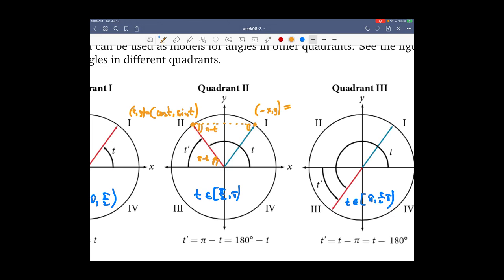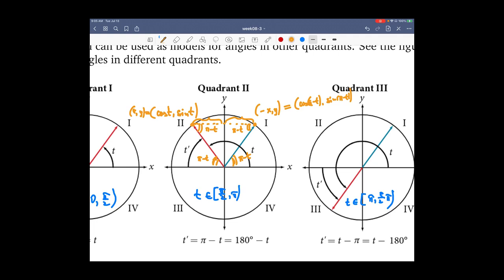Implies that this angle is also pi minus t. Therefore, this distance equals this distance. And likewise, this angle is also pi minus t. So the coordinates of this point are cosine pi minus t, sine pi minus t.